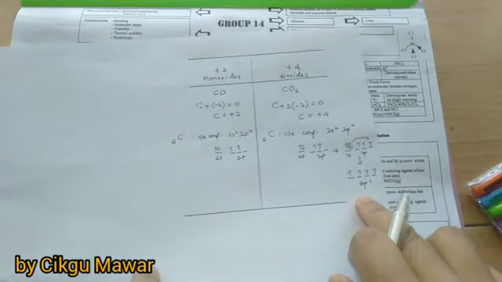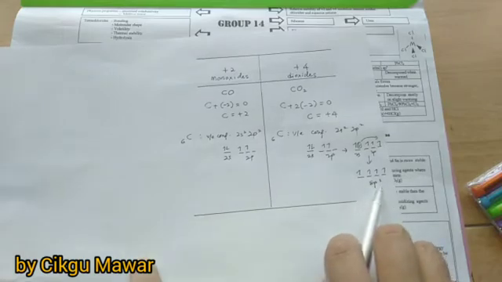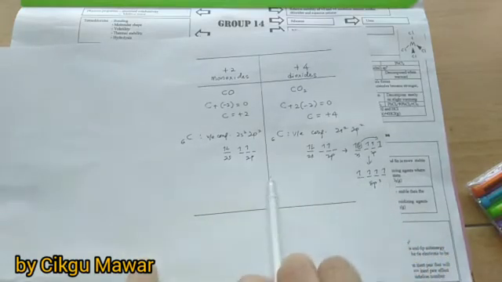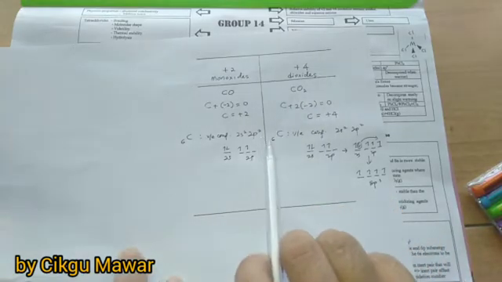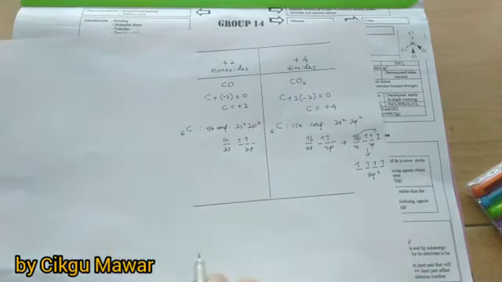For dioxide, the element makes use of all the outermost s and p electrons to form bonds. That's why a group 14 element can form positive 2 and positive 4.